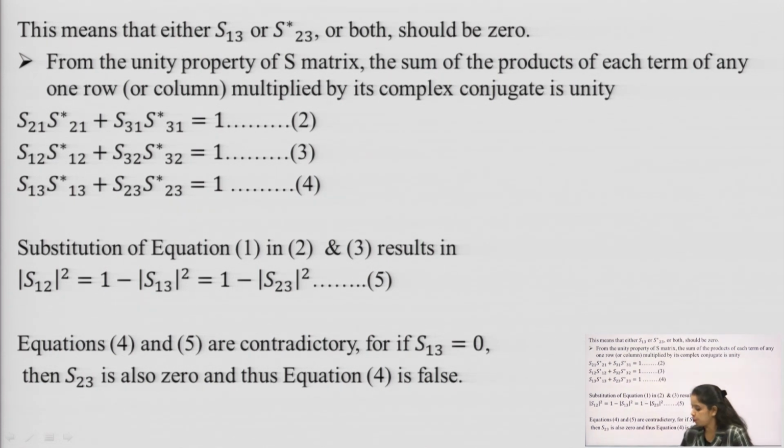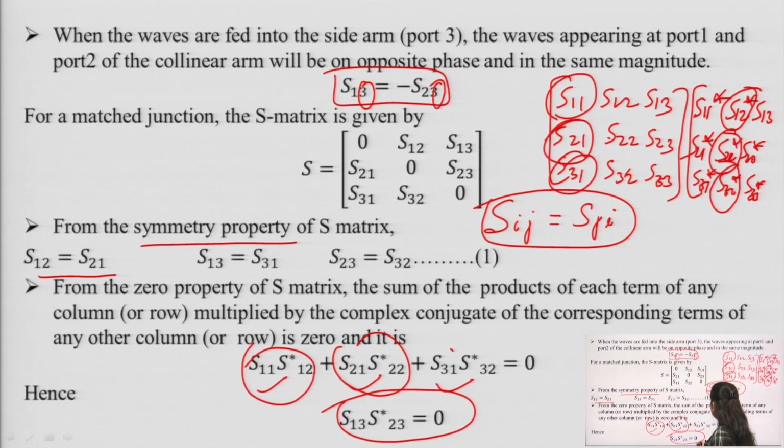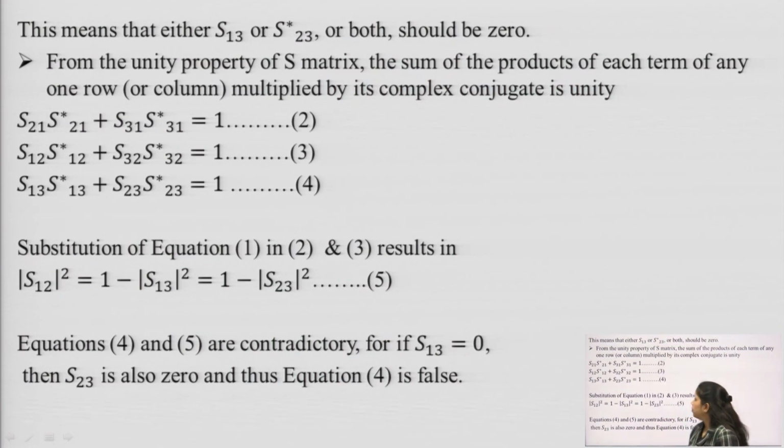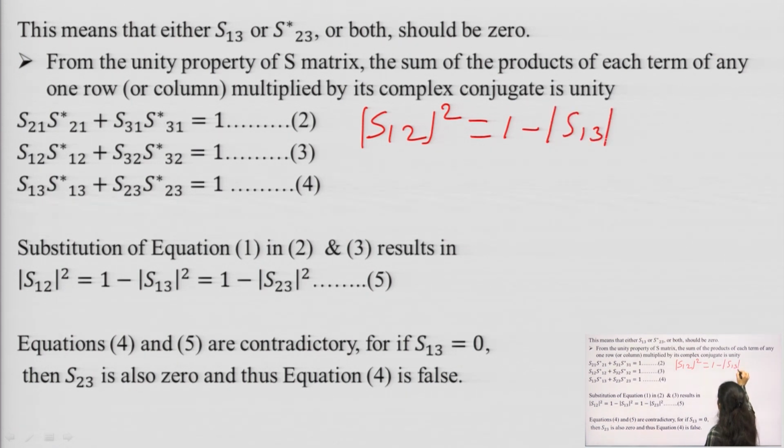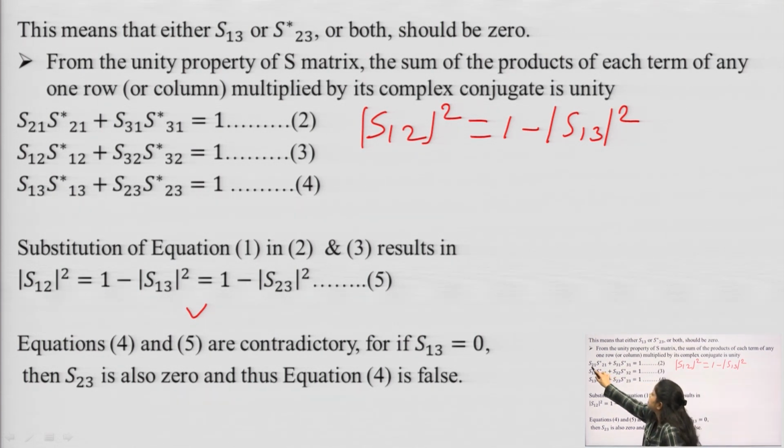Now from the equation 1, this is our equation 1. So, S12 is equal to 1 minus S13, this one. Now, S12, since S21 is equal to S12.